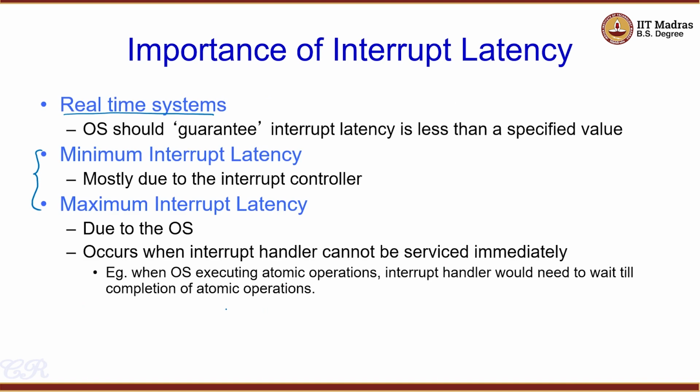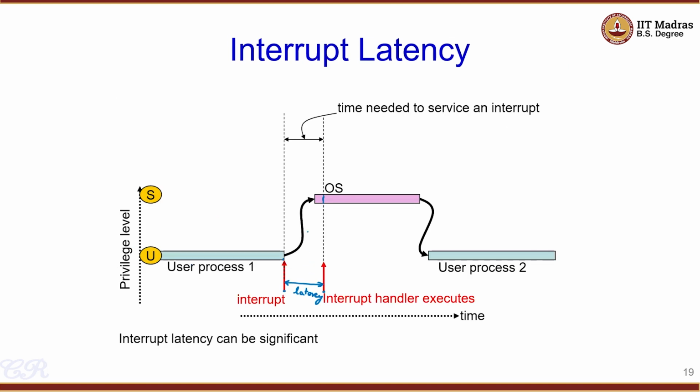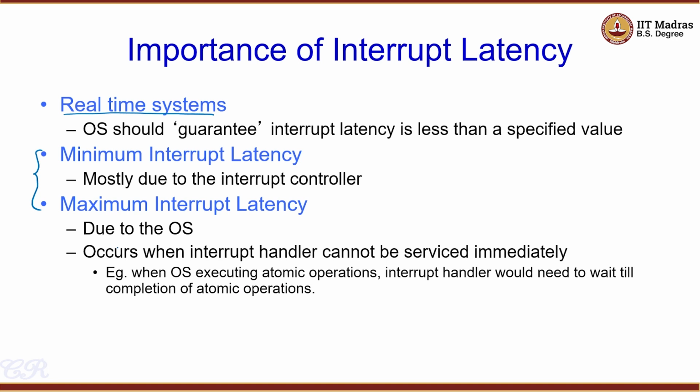The maximum interrupt latency is mostly influenced by the operating system. So the maximum latency is affected considerably by the design of the OS. For real time systems, one would need to be very careful about how interrupts are handled so as to reduce this maximum interrupt latency that can occur.